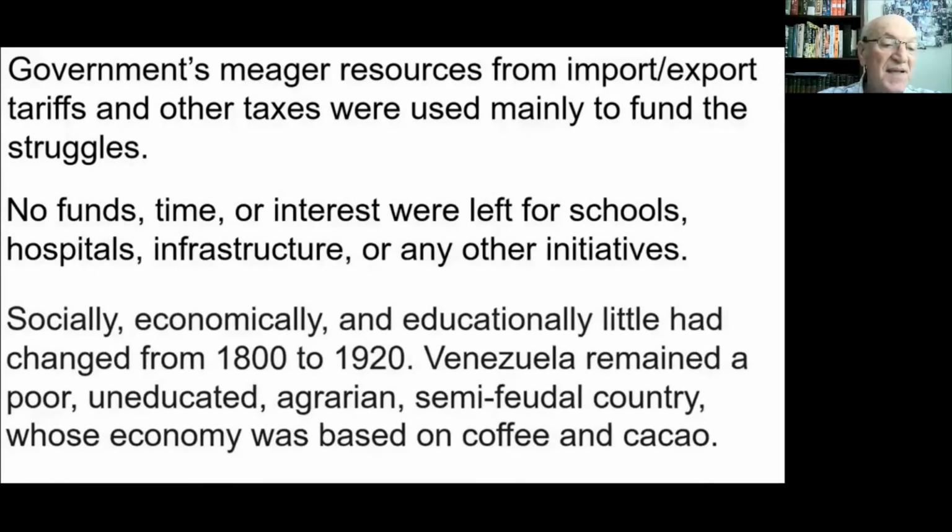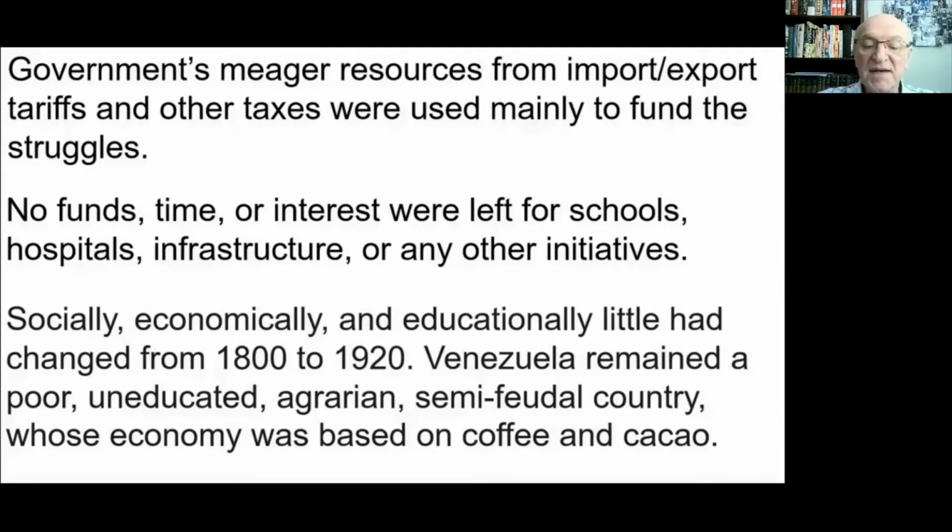And so socially, economically, and educationally, little changed from 1800 to 1920. Venezuela remained a poor, uneducated, agrarian, semi-feudal country whose economy was based on coffee and cacao. The literacy at this time, in the 1920s, was about 30%.